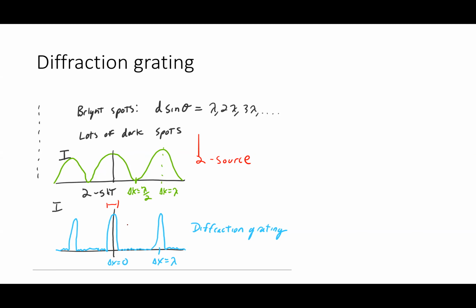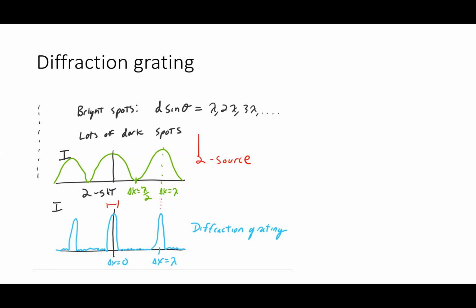So this is actually a really useful way in an experiment to separate out different wavelengths of light. For instance, whatever wavelength I'm using here is bright at a very specific angle, and it's a very narrow bright spot.